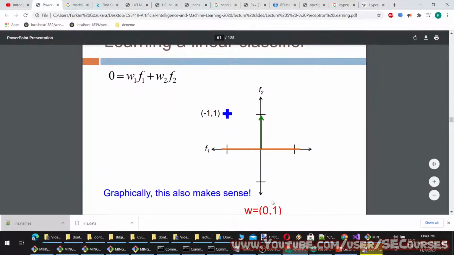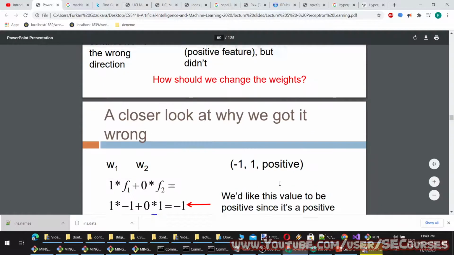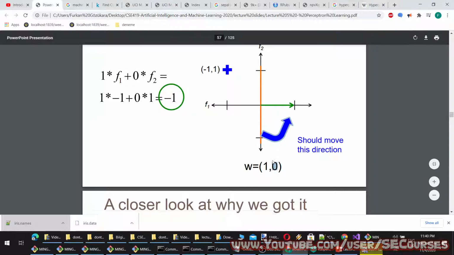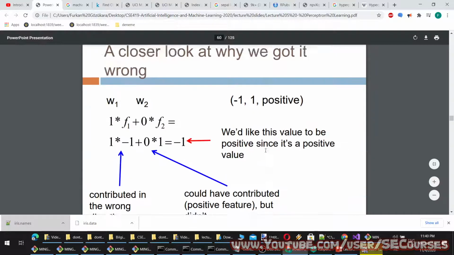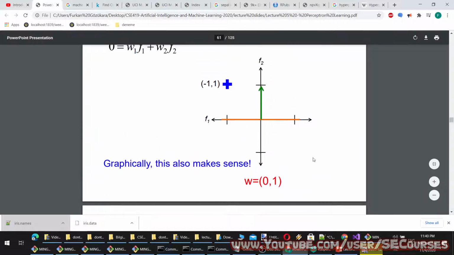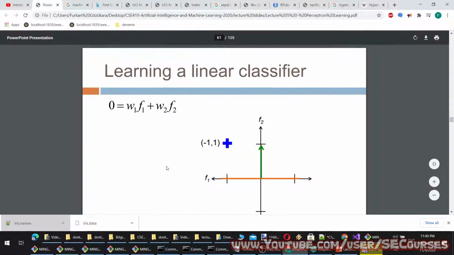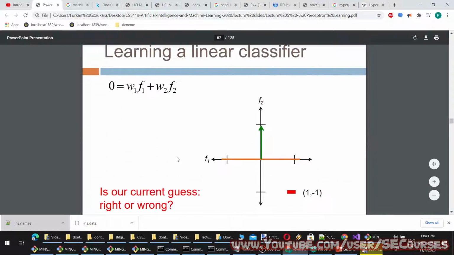Then the weights become 0 and 1. And previously it was 1 and 0. So we decrease weight 1 and we increase weight 2. Okay. So the weights are changed. Graphically, this also makes sense.